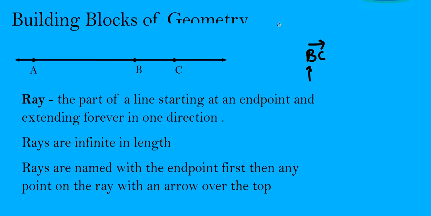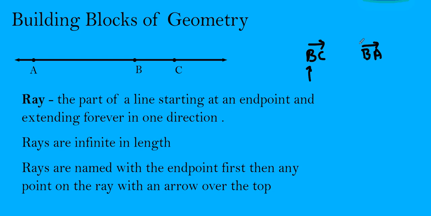We take this little thing off here, and we look at this and we say, all right, if we wanted to see a ray that's going in the opposite direction, starting at B and going to A is a ray that's going to the left. Now notice that the symbol on the top doesn't change.